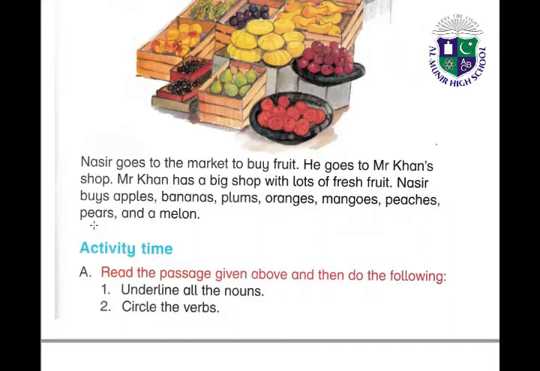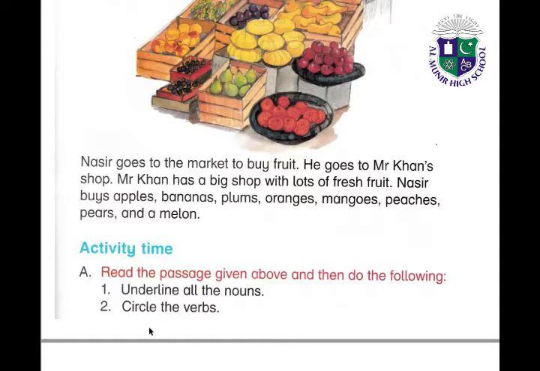I am repeating it. Underline the nouns Nasir, market, Mr. Han, apples, bananas, plums, oranges, mangoes, peaches, pears, and melon.